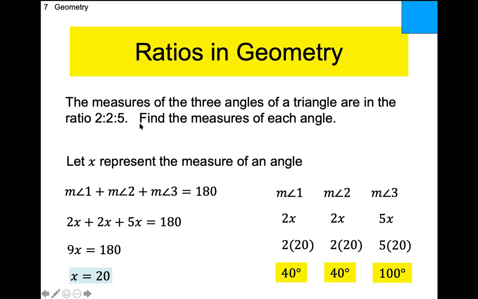You would also have to have a number that they all add up to, because they don't add up to 180. So they would have to give you the perimeter instead of angle measurements. If they're talking about sides, they would have to talk about perimeter, and it would work the same way.